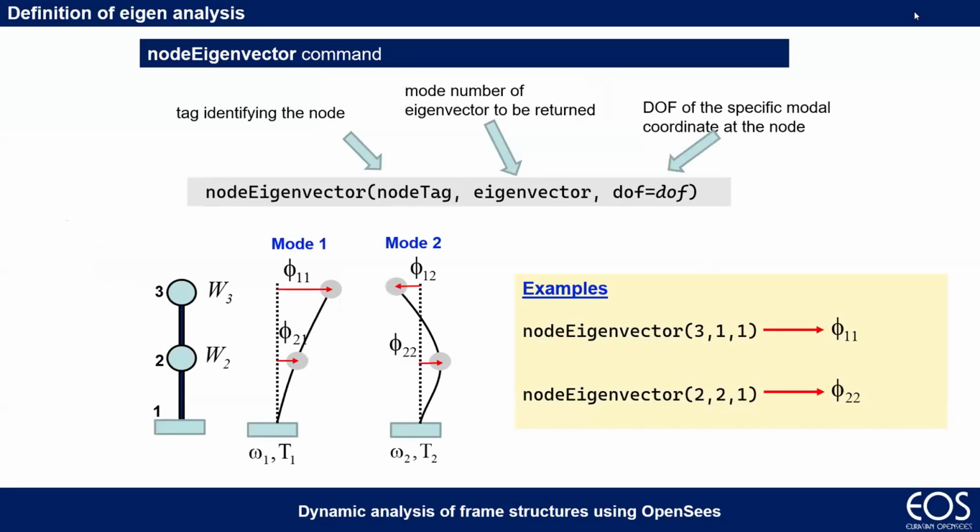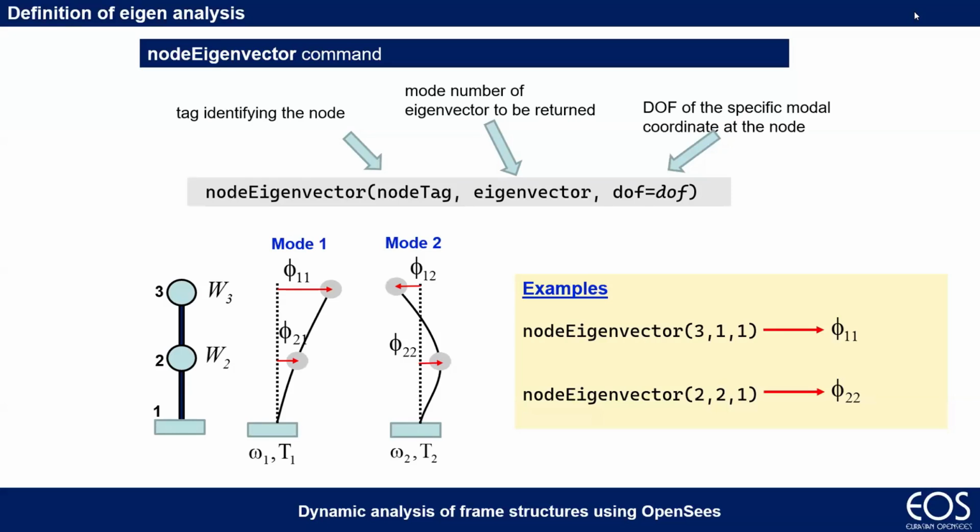How to take the eigenvectors? For eigenvectors, there is another function called nodeEigenvector, pretty simple, in which you have to declare the ID of the node, which eigenvector you want, and which degree of freedom, okay? For example, again, this structure here, if I want the first eigenvector value for the first mass here at the top, it's just nodeEigenvector, node 3, first eigenvector, degree of freedom 1, okay?